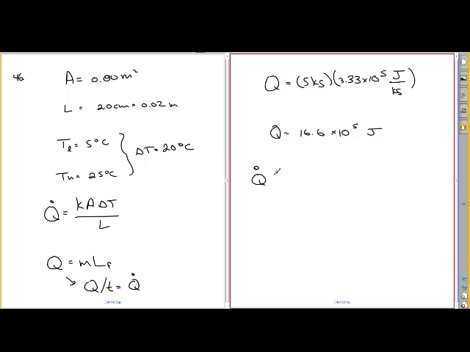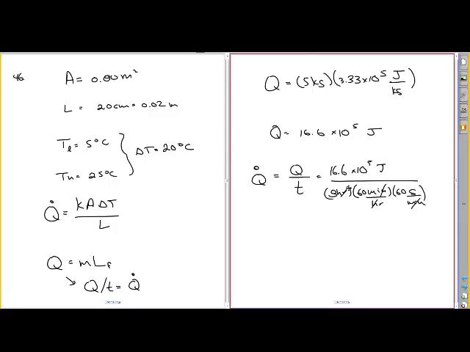The heat transfer rate to get that is going to be, you take Q and divide by t. It's going to be joules over seconds, so you get joules per second. So we're going to have to convert the time to seconds, which is not that big a deal. So we take the Q and, how long did we say, 8 hours? I think it was 8 hours. So you have 8 hours times 60 minutes per hour times 60 seconds per minute. These cancel out.